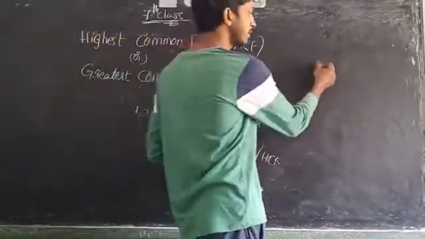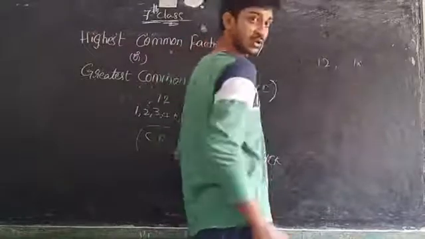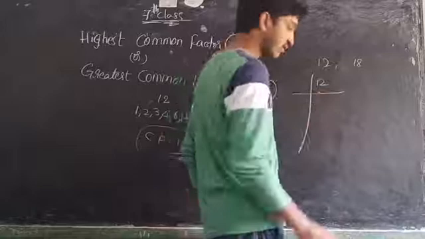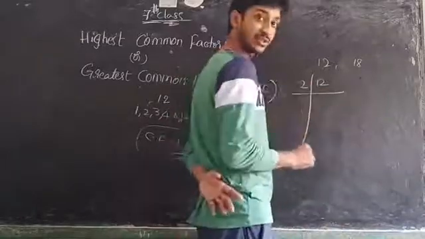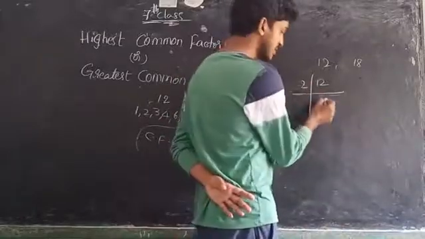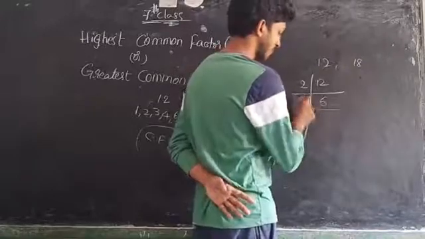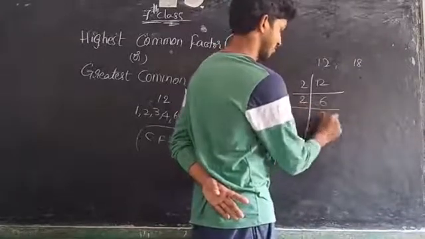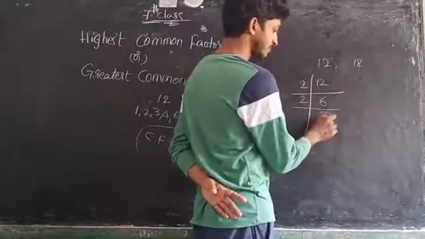See here, I am taking 12 and 18 as examples. Now I am taking 12. I am dividing with 2. How many times in 12? 6 times. Again I am taking 2, how many times? 3 times.